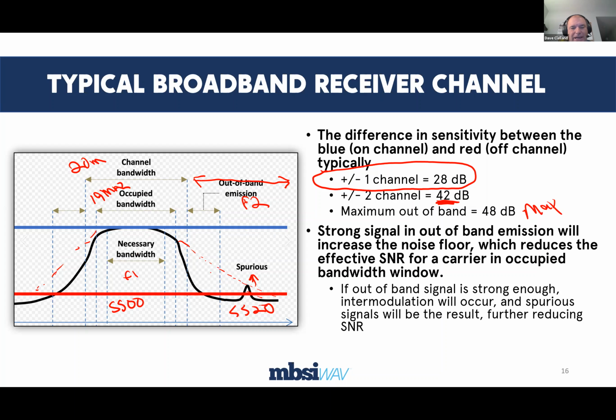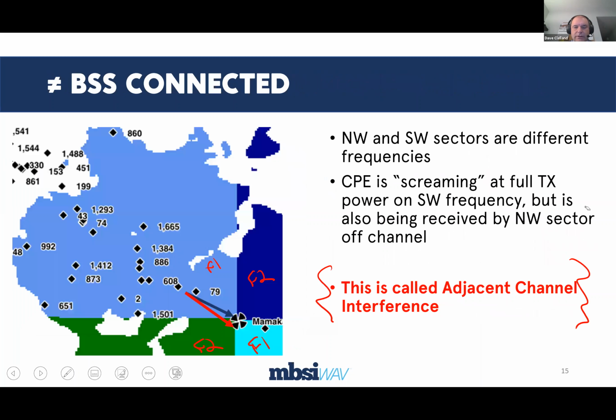the base station right beside, for example, in the uplink. All right, let me erase this. So in our case here of F1, F2, F1, F2, if 608 here is transmitting at its proper -10, then I actually have protection here on my adjacent sector by 20 dB plus 28 dB for my filter in my receiver.